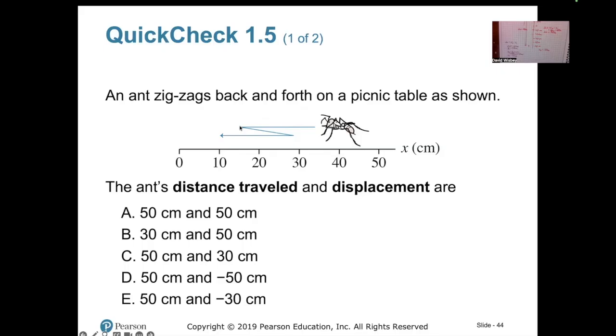So the distance traveled: he went from 40 over here to 15, that's 35. He came back from 15 to 30, that's 50. And then he went this straight part here, so that should be 70. Well, I'm not sure what I think about that.